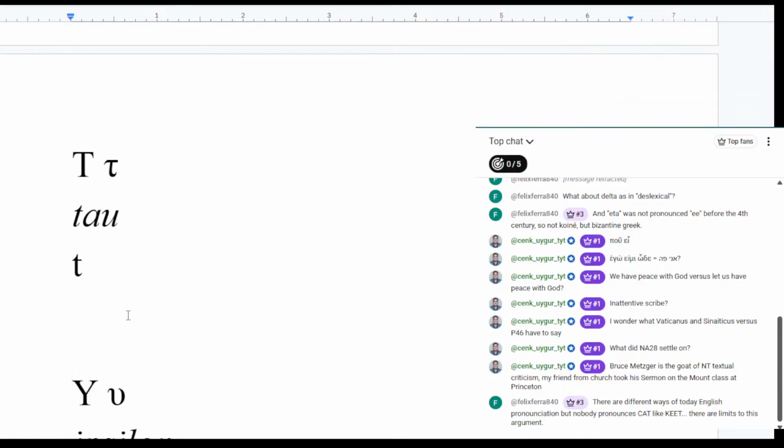We're not going to get to it tonight; that'll be for the next video. But the alpha upsilon, or AU, that you see here is going to be pronounced tough, as opposed to what we're taught in Erasmian pronunciation, which is tau. So, tough.